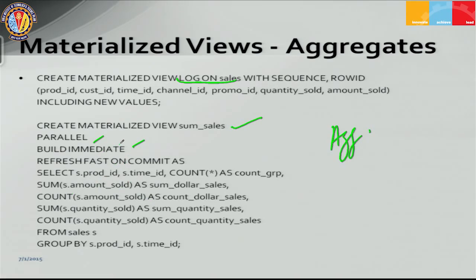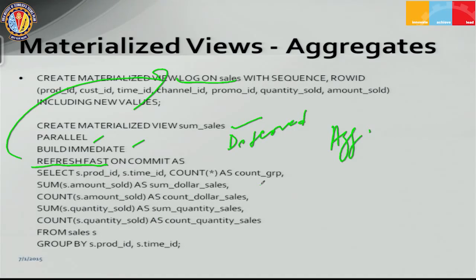There is also an option of build deferred, so you can defer the building of this aggregate. Refresh fast, I just explained this, so this is linked to the concept of this log. And then this is the definition of the view, the aggregation which we have defined, and that's how it is created.